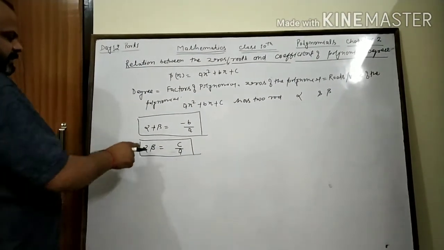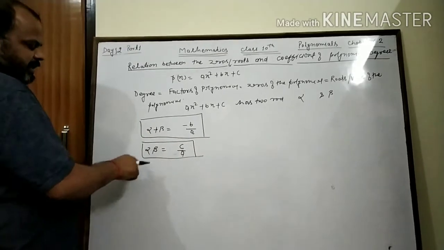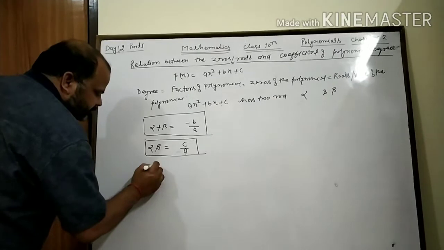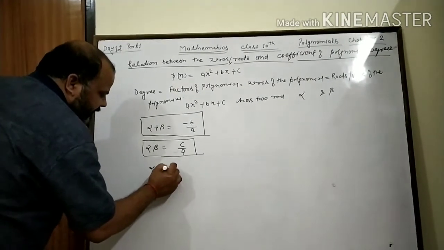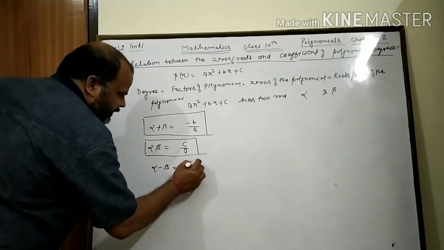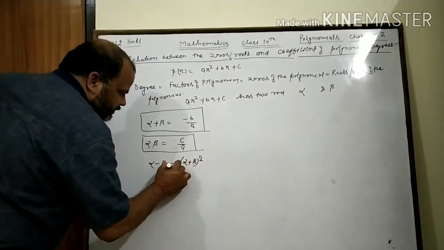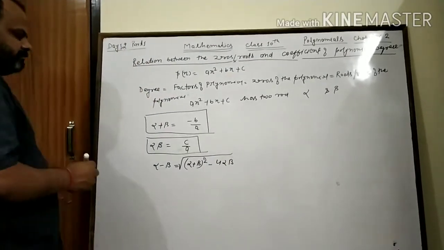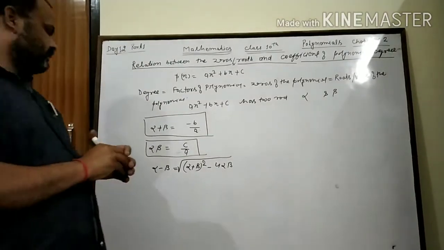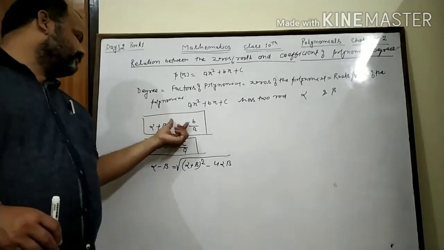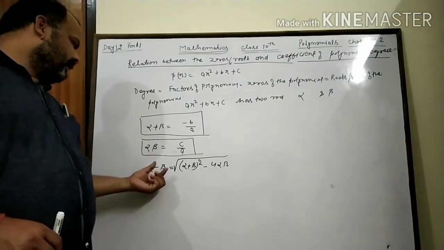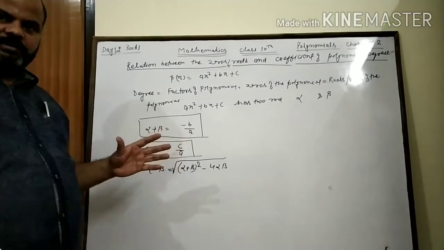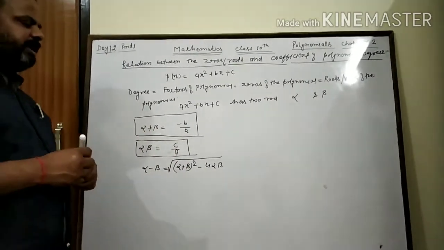First of all you can find alpha plus beta and alpha beta. Then with the formula, alpha minus beta is equal to the square root of alpha plus beta whole square minus 4 alpha beta. Clear? You got alpha plus beta is equal to minus b upon a, and with this formula you can find alpha minus beta. Clear?